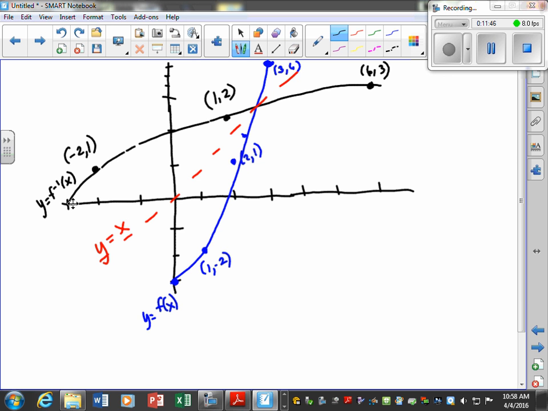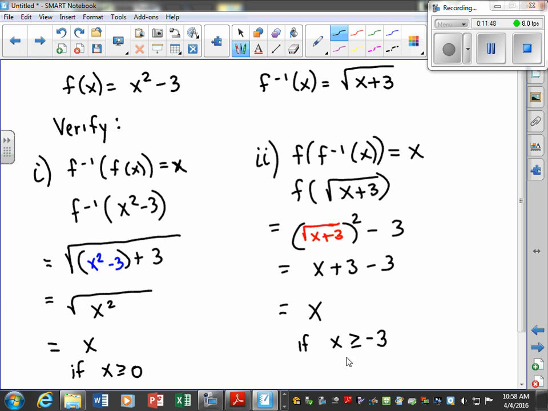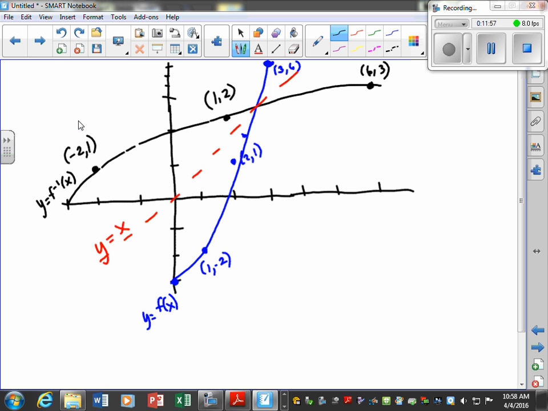Greater than or equal to -3. So that's why I went back and put this information here just so that we can see that. Okay, so the image kind of helps bring it all together. So your f of x for the values x greater than or equal to 0, your f inverse of x for x values greater than or equal to -3.